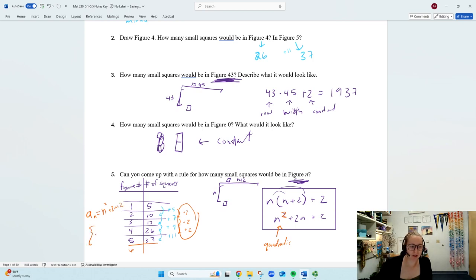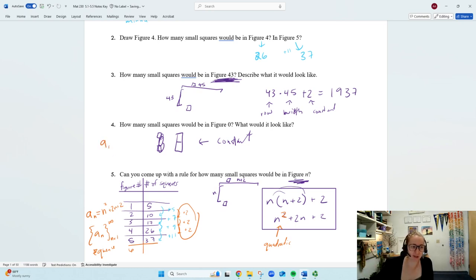A lot of times you'll also see a sequence written with these brackets, and we'll say n goes from 1 to infinity. So kind of like you've seen with summations, but this would be for a sequence. And this little subscript tells us in our diagram what figure we would have.